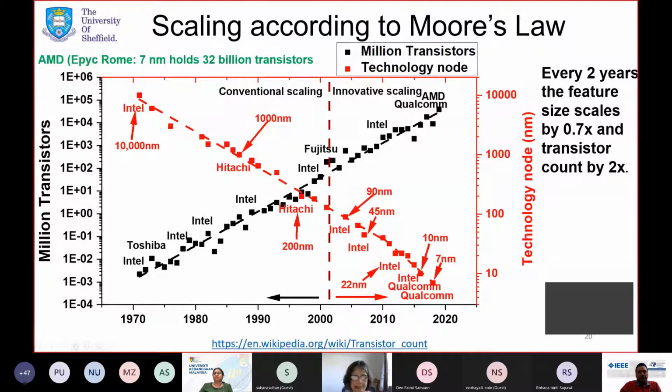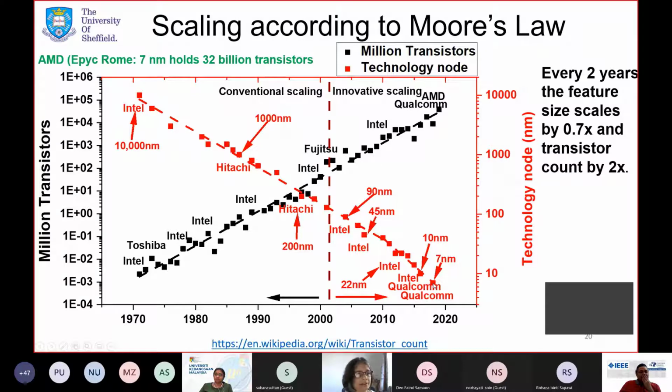Now, this then represents a snapshot of the history of the transistors. We look at the number of millions of transistors versus time, and you can see that right from the beginning in the 70s, when we had the 10,000 nanometer node, we just had about 1,000 transistors on a chip.